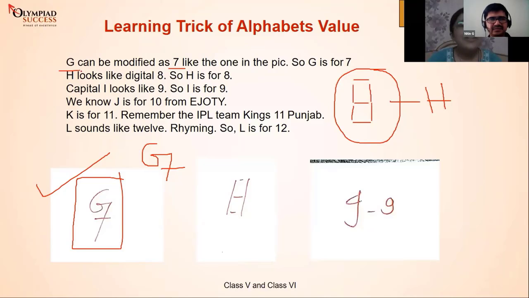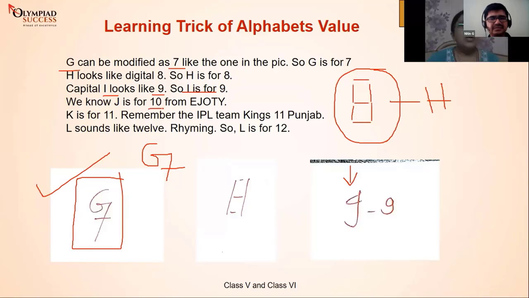Fun, right? Similarly, if I go and look for I, if I try to write capital I in cursive writing, then I will see that it very much looks similar to my 9. And so I can remember that 9 is the place value for the alphabet I. And J is what we all know with the help of EJOTY, which is equal to 10.